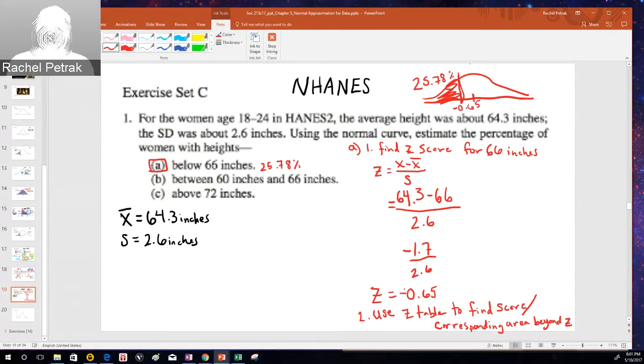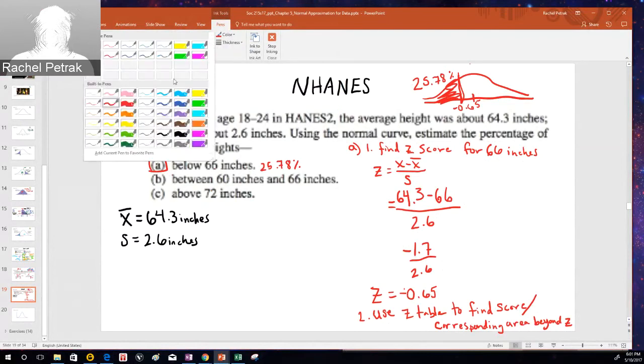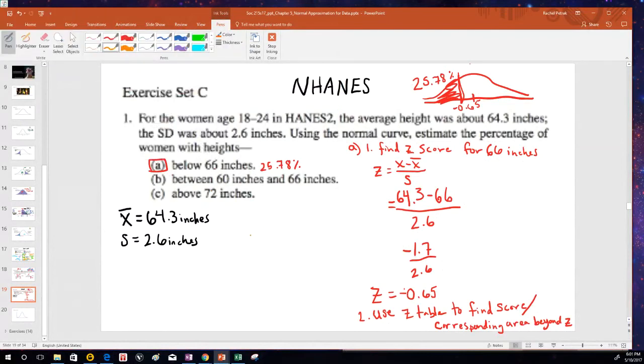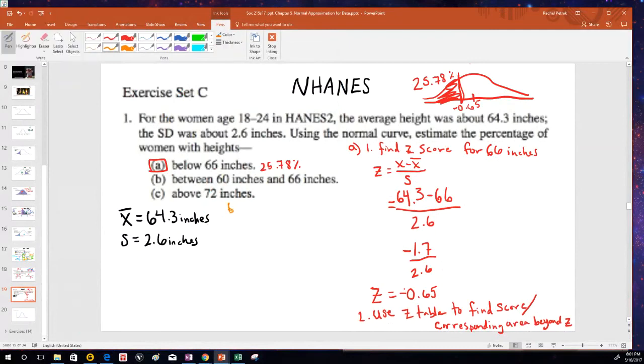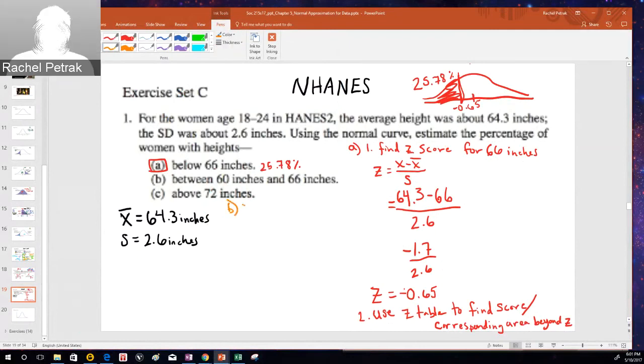Now we can follow a similar process to find part B, the area between 60 and 66 inches. First we convert each of these to z-scores.